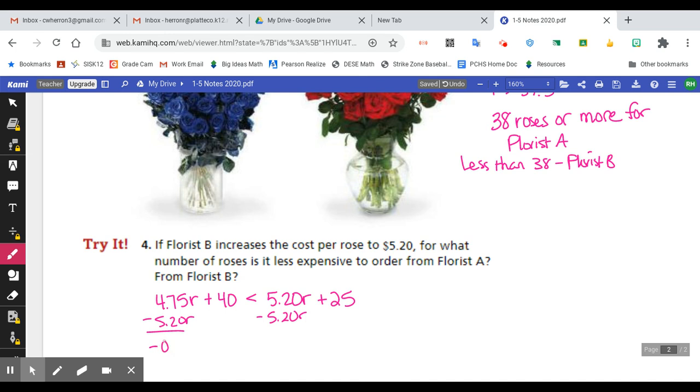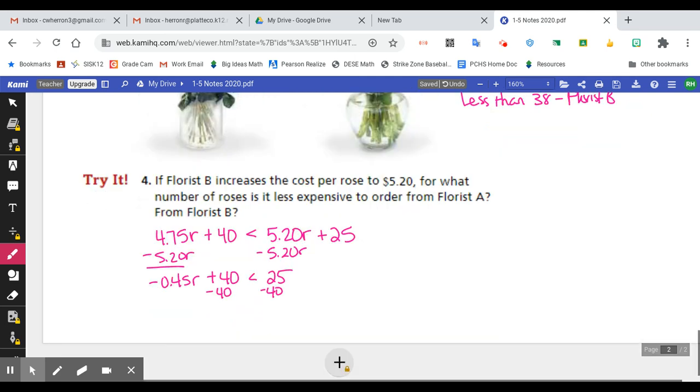and you get negative 0.45R plus 40. Let's subtract 40 again. Negative 0.45R is less than negative 15. Okay, divide by negative 0.45.